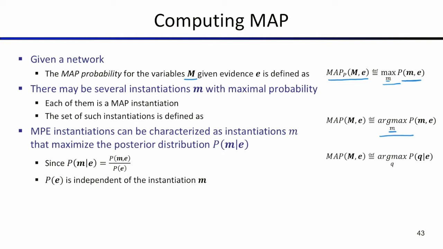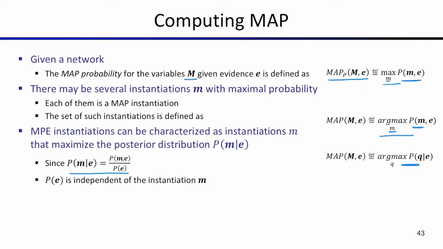Again, and similar to what we did with MPE, we do not have to work with this conditional probability here. It's going to be simpler to work with this joint marginal here. And the fact is that the instantiation that we find in the joint marginal will be the same as the instantiation that we find in the conditional probability, because we have this property here, Bayes conditioning, saying that the conditional probability is equal to the joint probability divided by the probability of the evidence.